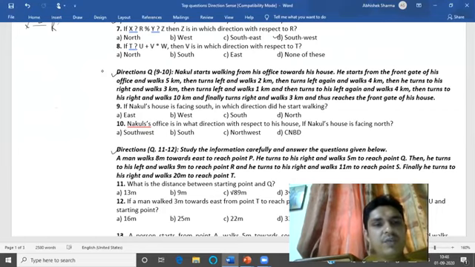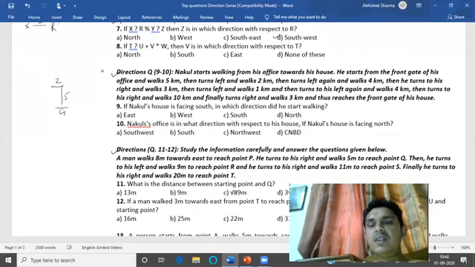So suppose this is the gate of the office. Started from the gate of the office and walked 5 kilometers, so this can be the situation. Then turn left and walk 2 kilometers, so this can be the situation.